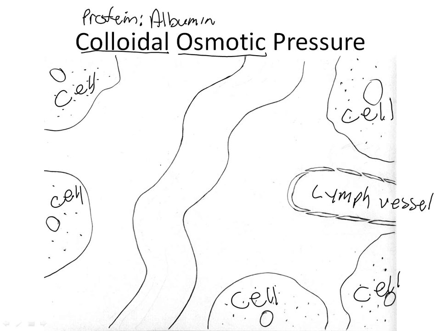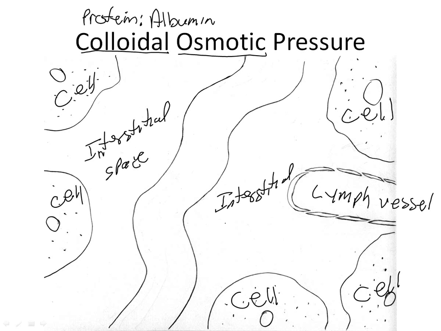All of this space here is going to be interstitial space, and this space over here is also going to be interstitial space. The capillary is going through right here, so this area right here is actually going to be the capillary whenever we start talking about this picture.